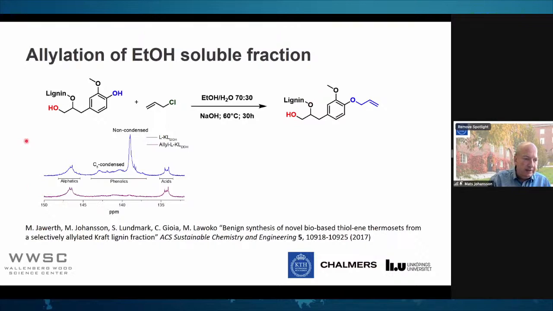Also, what is good then is that there are techniques developed to monitor this. So this is, I think, phosphorus NMR showing the different types of functional groups in the lignin. And we can see that we convert all the phenolics, or a high fraction of the phenolics, they disappear and we get this allyl product.